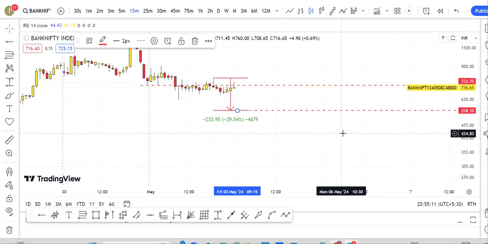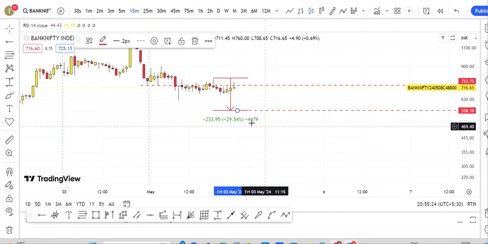Suppose if it goes another 25% more, it means you can add 100 points here. Let me drag this down.